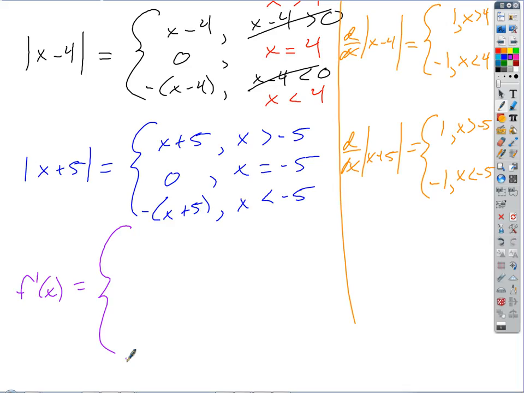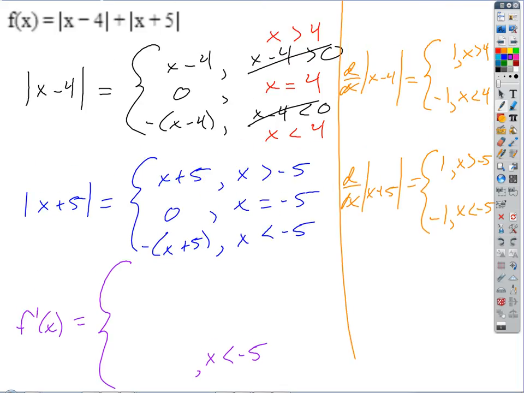So for values of x less than negative 5, what are we going to get? What's the value of the first term when x is less than negative 5? Which part of the domain am I in?